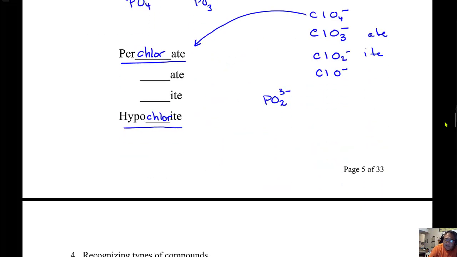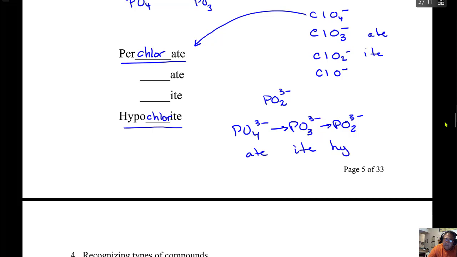So I went PO4 3 minus, and then PO3 3 minus, and then PO2 3 minus. And so this is the ate, this is the ite, and this must be the hypophosphite. Like that. Okay.